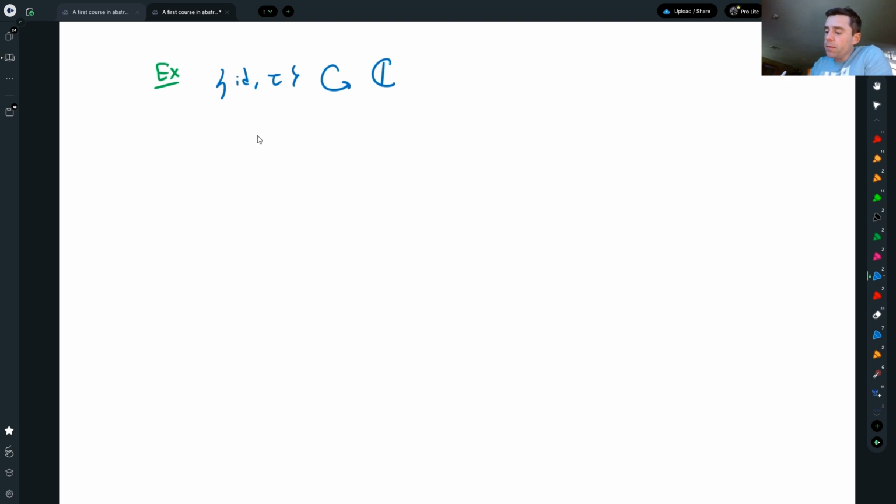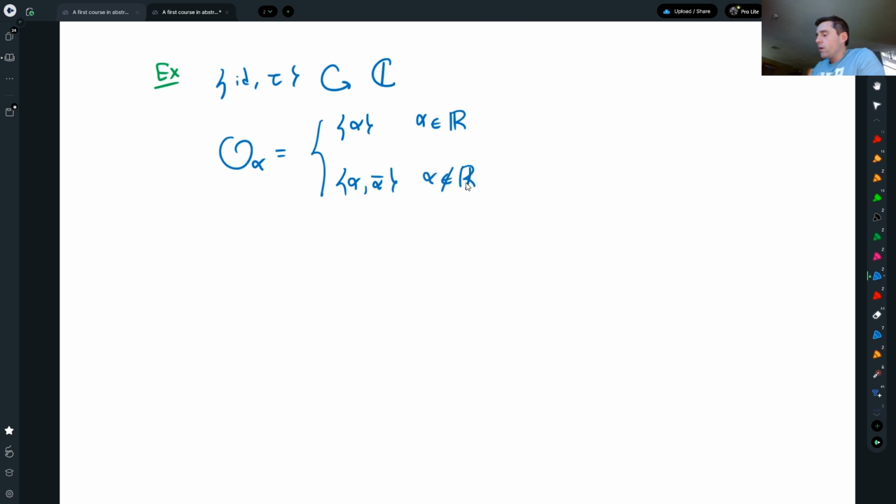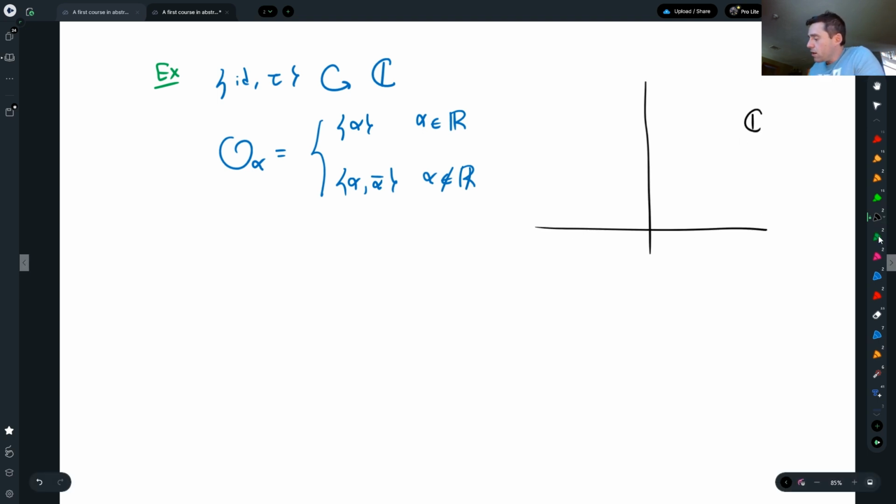The orbit of an element is either the element itself, if the element is real, or the element and its complex conjugate if alpha is not real. So if you draw the complex plane, then there were pairs. Either this one is paired with that one via the action, or this one is just paired with itself, and the action just stabilizes it.